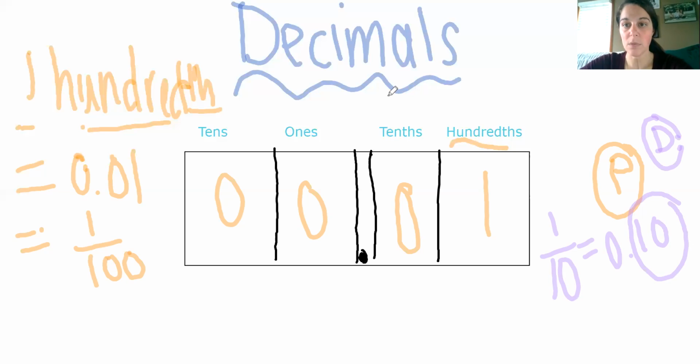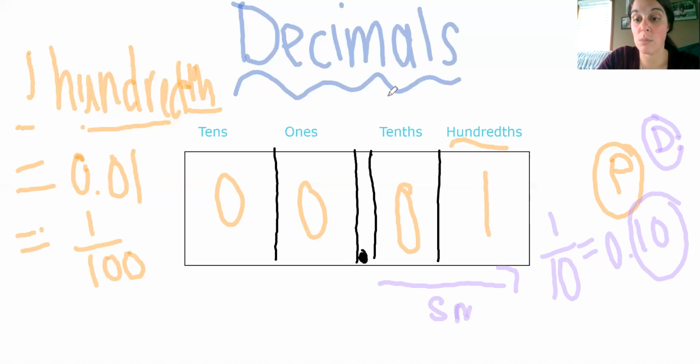All right. So I just wanted to explain that now we're moving on to the hundredths. We're going to that next place value. And as we're moving away from the decimal towards the right, we want to remember that the size of what we're using is getting smaller, okay? We're getting smaller as we move away, okay?